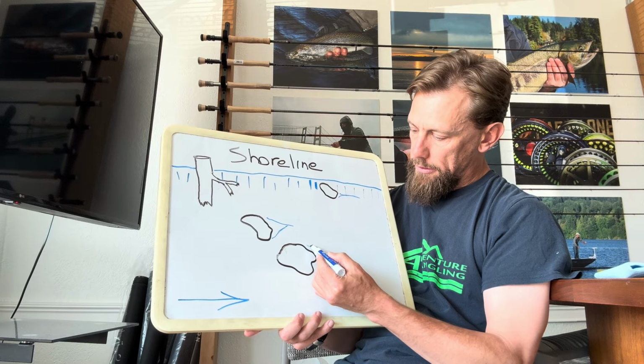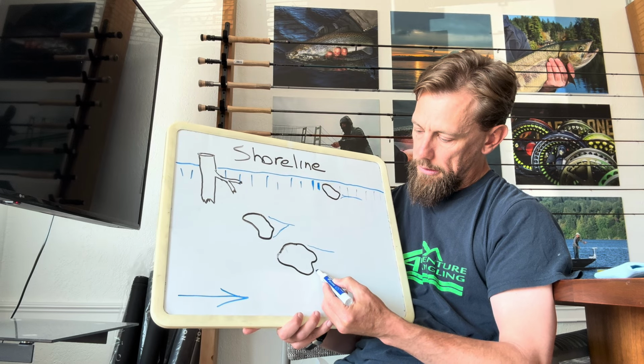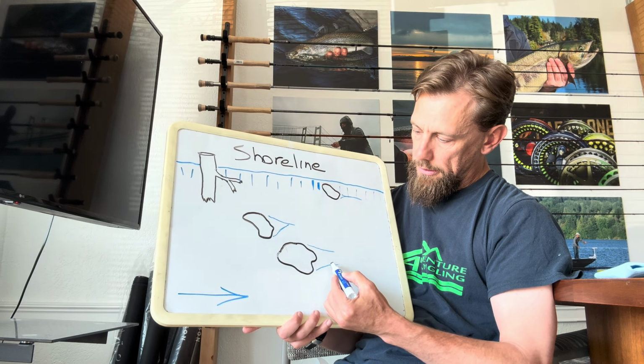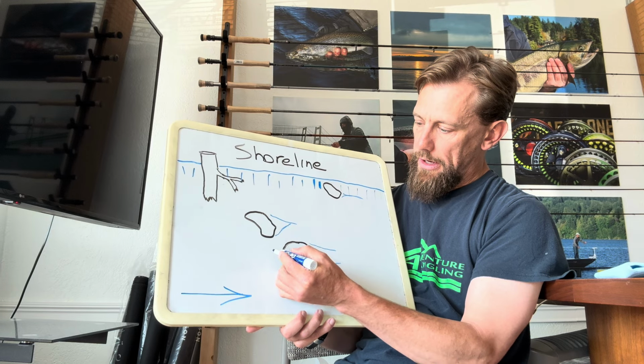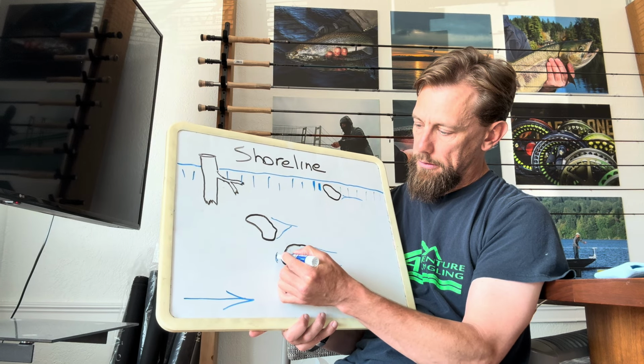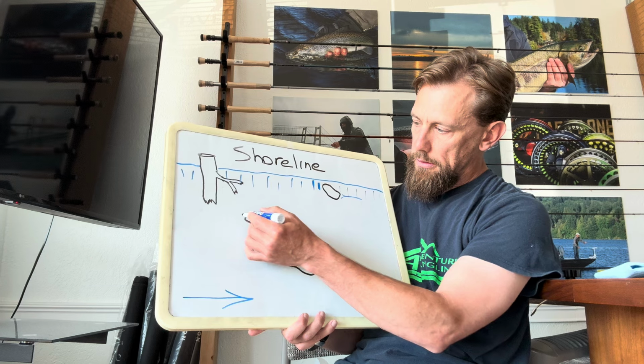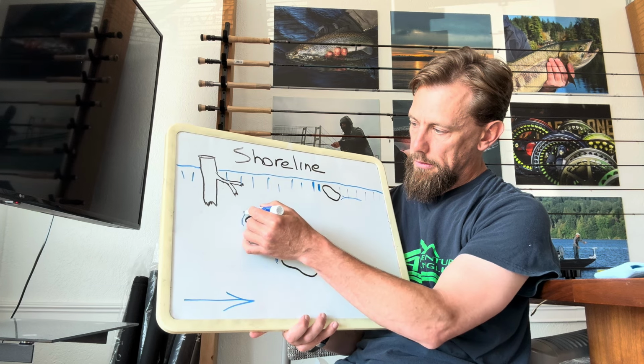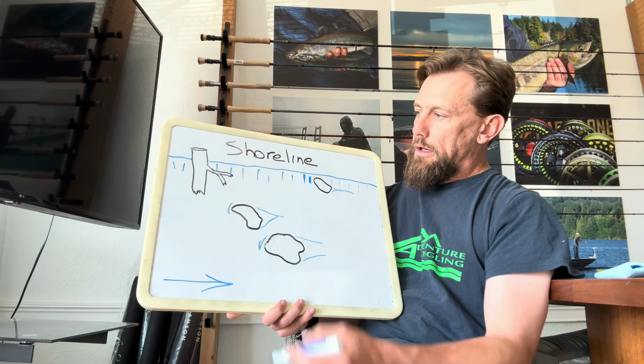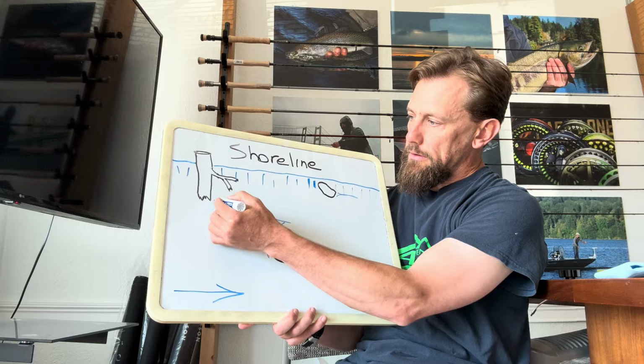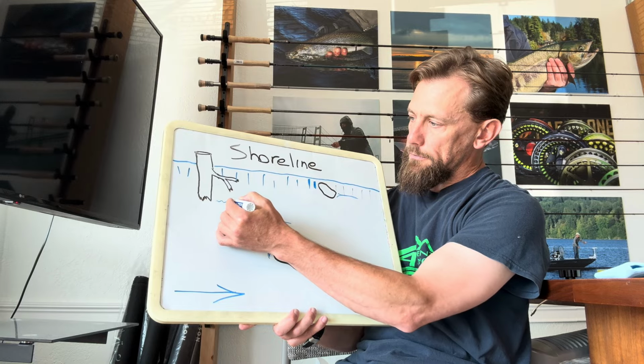This rock might have a current seam tucking in there, one tucking up in here, and you're also going to have high pressure pillows right here. This tree is going to have a fairly turbulent current seam.